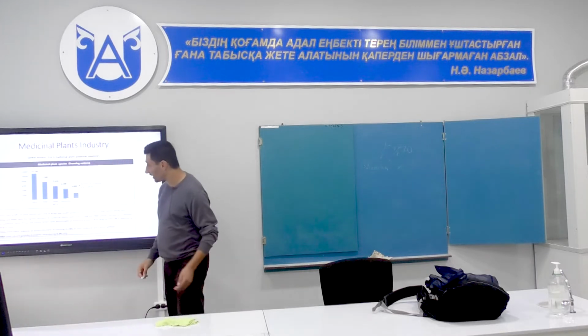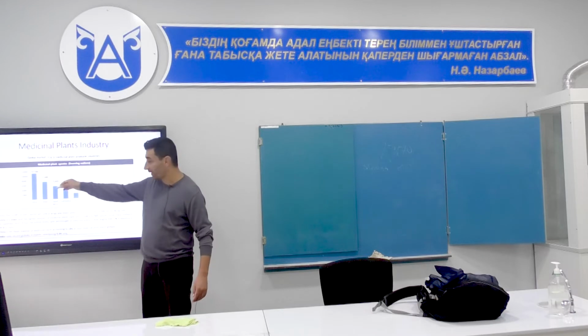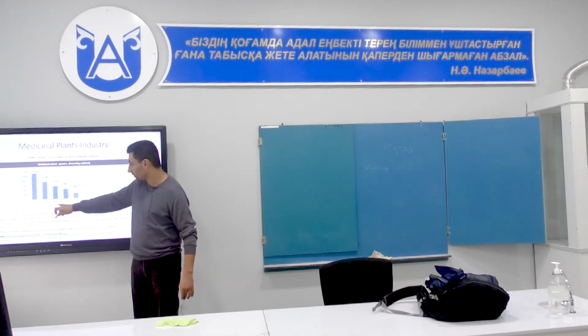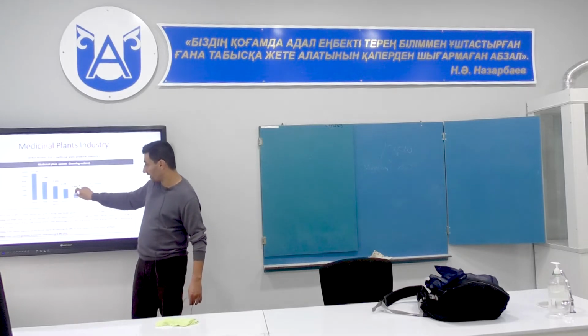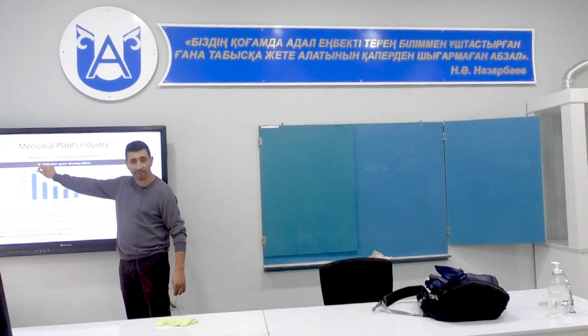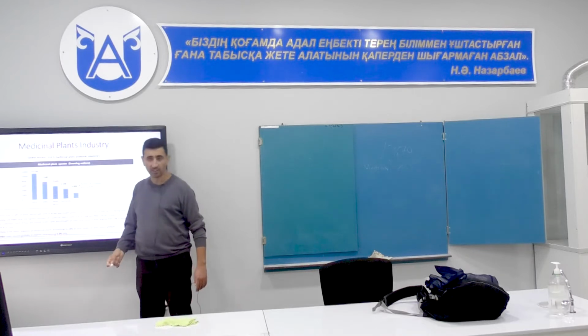Look at the countries that have many medicinal plants: China, India, South Africa, Cambodia, and USA. This is the number of medicinal plants each country has. Documentation, again I am saying, statistics and documentation is so important.